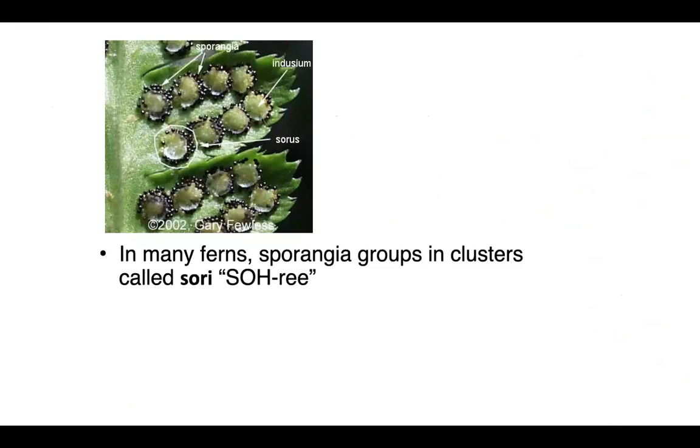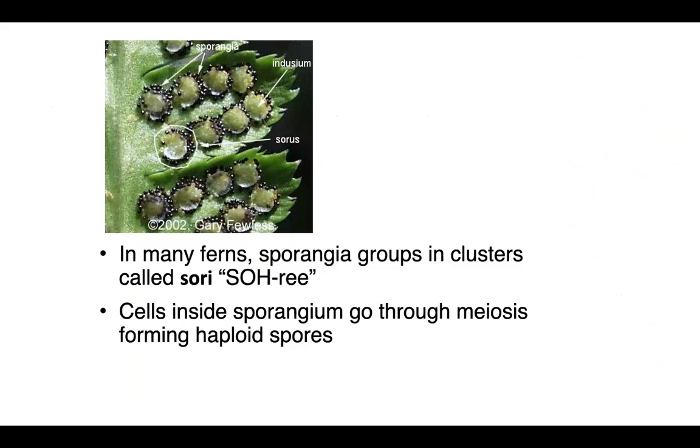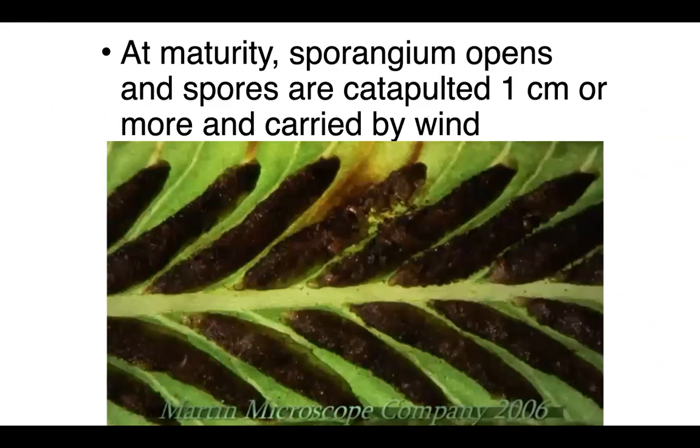Now, in a lot of ferns, the sporangia, as you see here in the picture, are grouped in clusters. Each cluster is called a sorus. The plural of sorus is sori. And again, because the sporophyte is 2N, but spores are 1N, they have to go through meiosis. So we cut the number of chromosomes in half, and they form haploid spores. At maturity, the sporangium opens and the spores are catapulted or carried by wind.